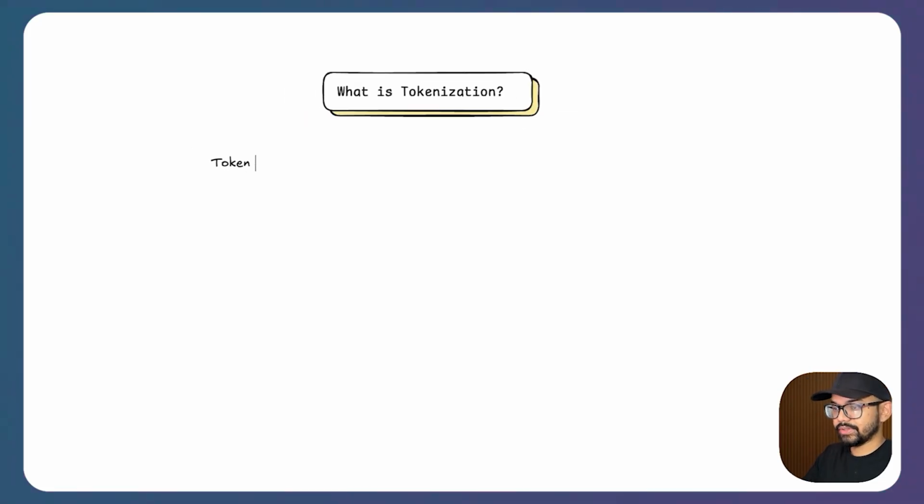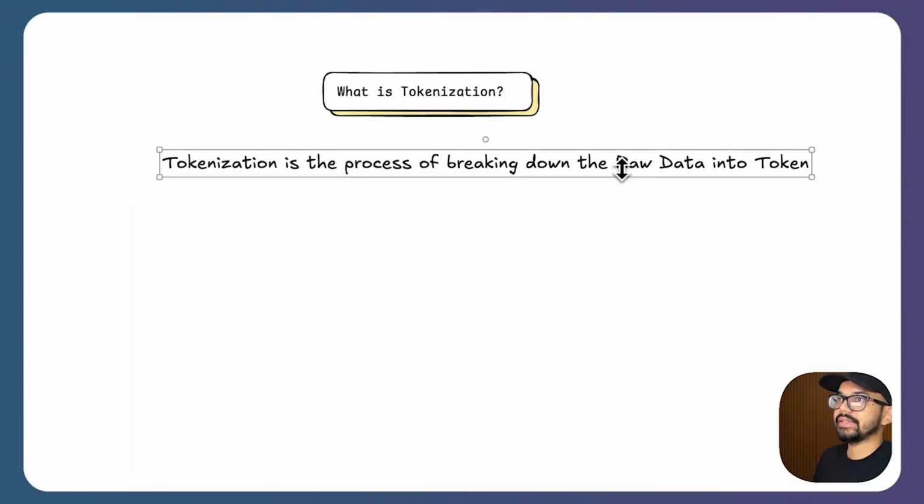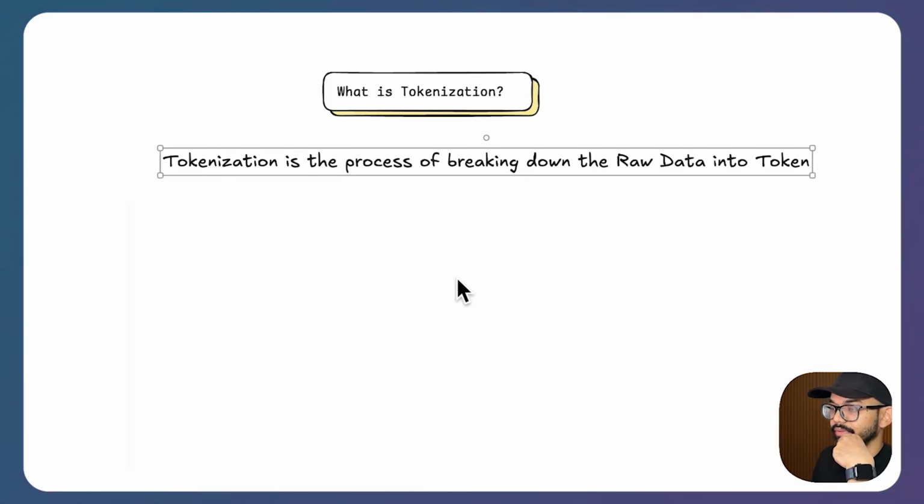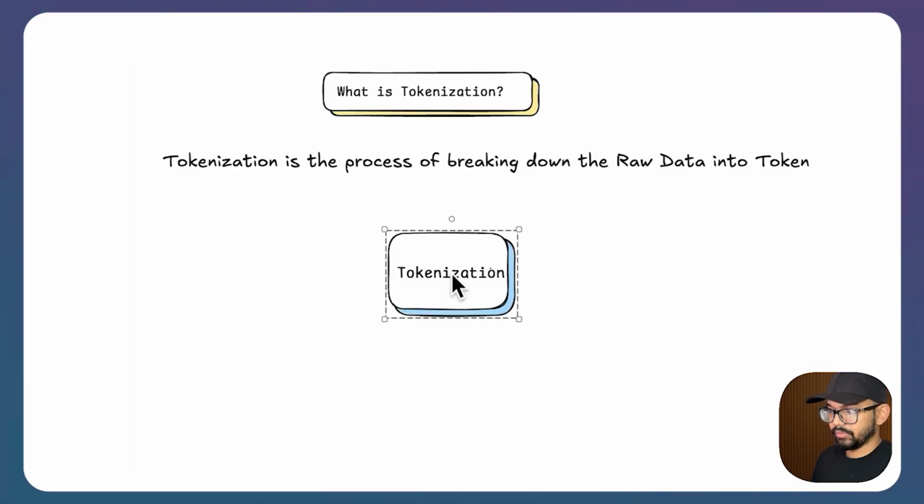Tokenization is the process of breaking down the raw data into something called tokens. That's what tokenization is. Let's say you have your raw data, it could be text, audio, video, anything.